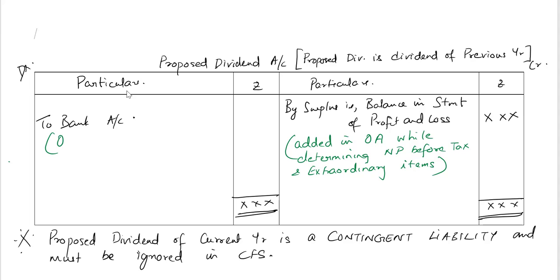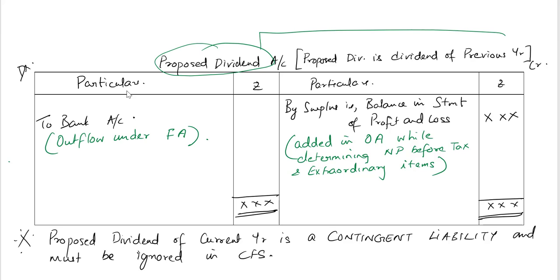While this amount will be shown as outflow under the head of financing activities. So this is the format of the proposed dividend account. Please note, this proposed dividend is what relates to the previous years. The current year proposed dividend is to be ignored. It's a contingent liability.